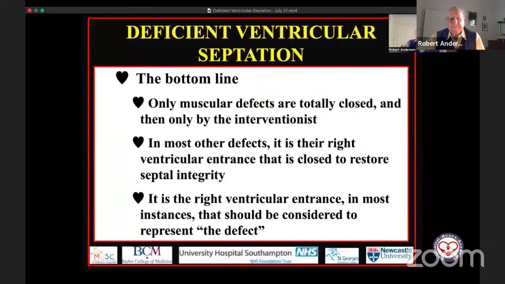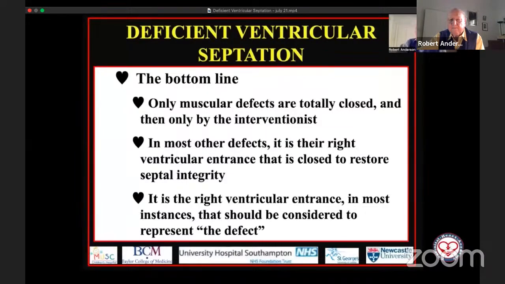That point remains controversial because many of you in the setting of double outlet right ventricle will continue to describe the exit from the left ventricle, the secondary interventricular communication, as the ventricular septal defect.